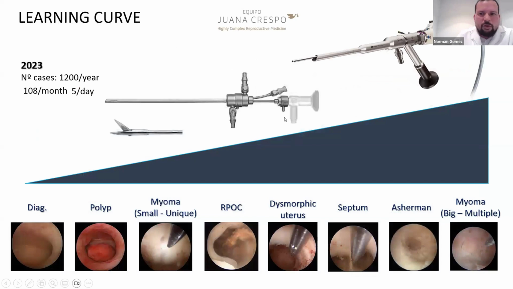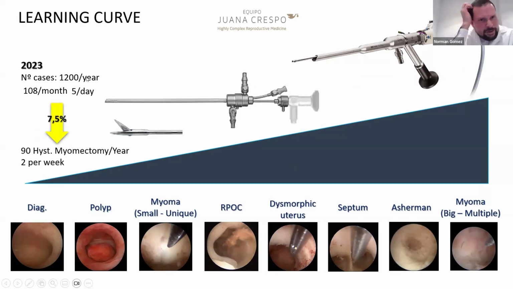Normally, we perform this number of hysteroscopic cases per year. For myomectomies, we perform nowadays at least two of these kinds of surgeries per week, more or less.